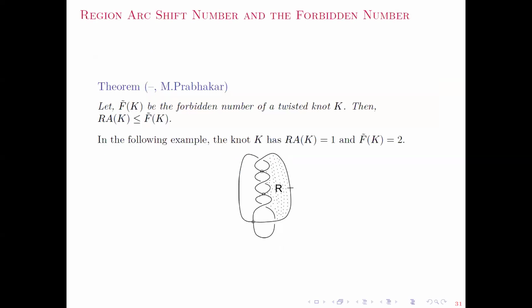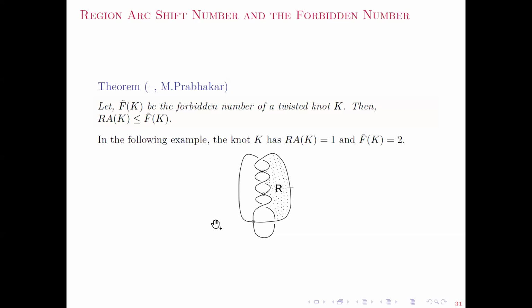Since the forbidden moves are realized by the region arc shift move, you can directly say that is the proof of this theorem: the region arc shift number is less than or equal to the forbidden number for twisted knots. Forbidden number means the minimum number of forbidden moves needed to transform a twisted knot to a trivial diagram, which can be F1, F2, F3, F4 or any set of forbidden moves.